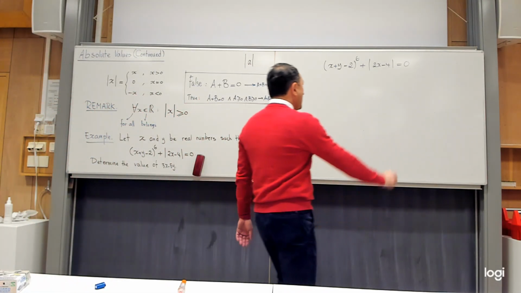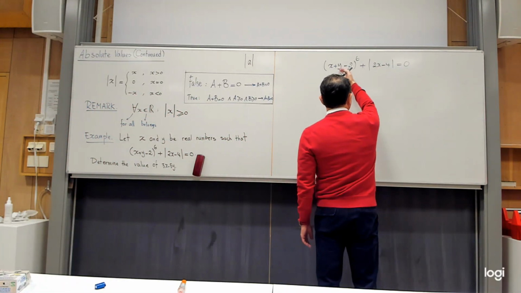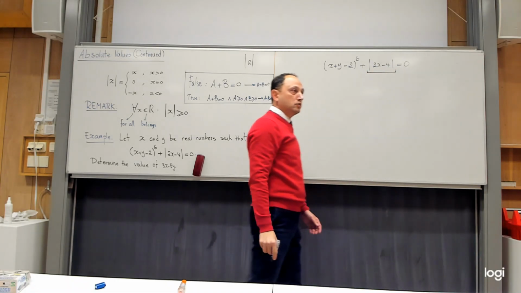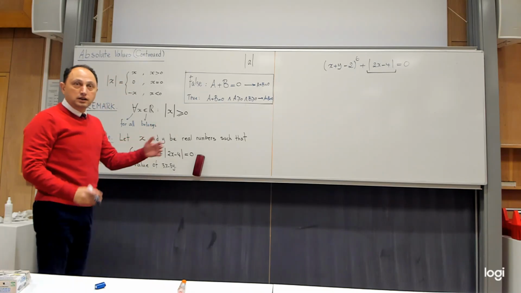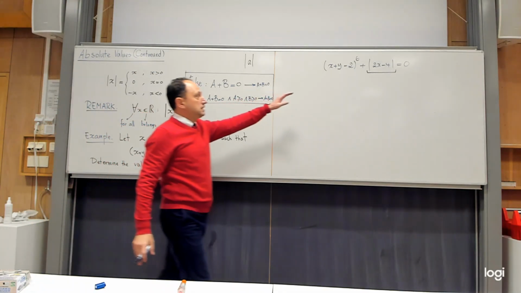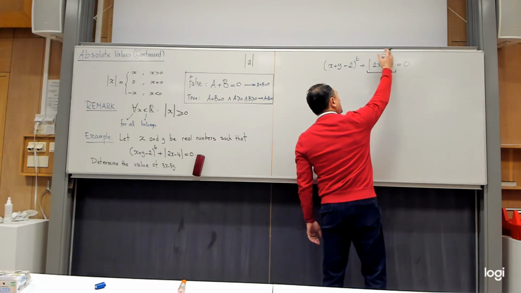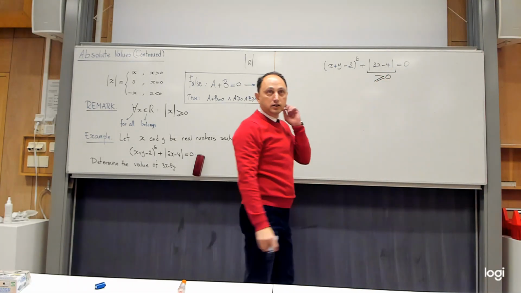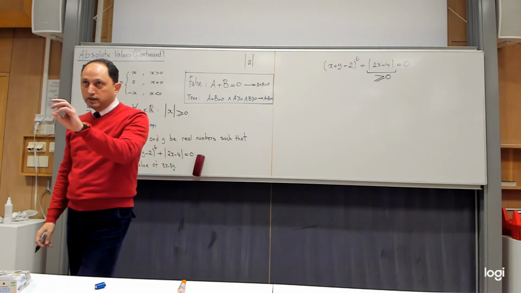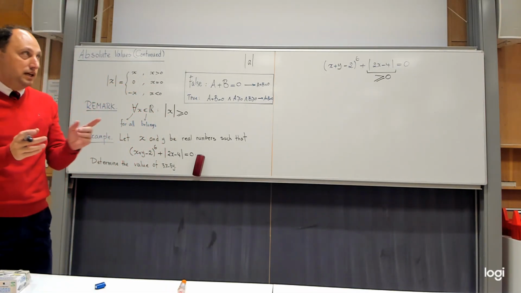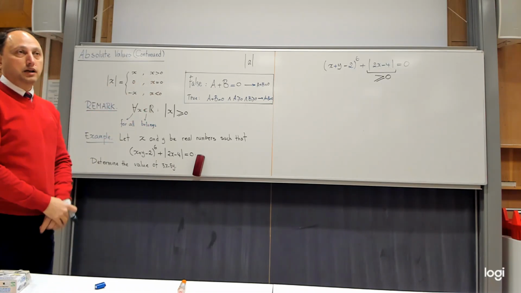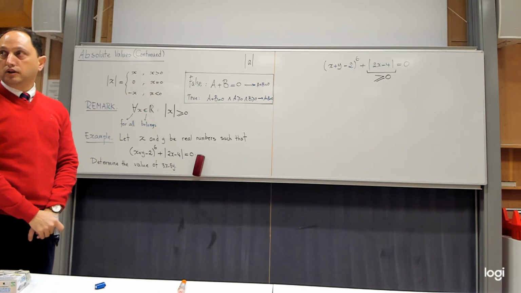Do you know x, do you know y? No. But I don't need to know the output of an absolute value. Even if I don't know what is inside, the absolute value itself is non-negative. We don't care what is inside up to this point. Absolute value, the output is non-negative. Is that right or not?